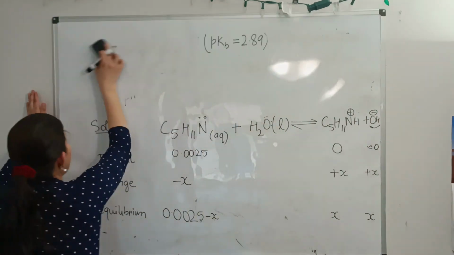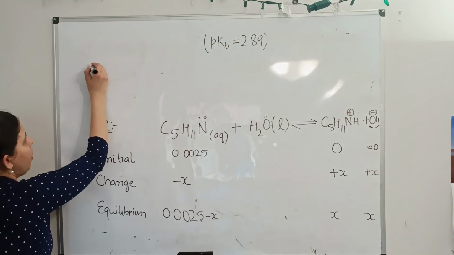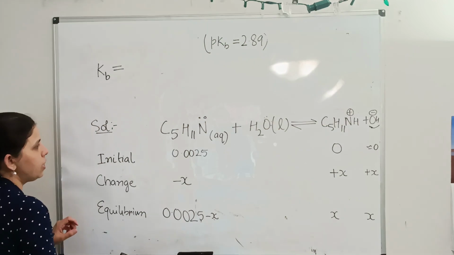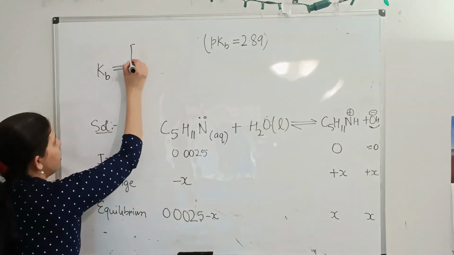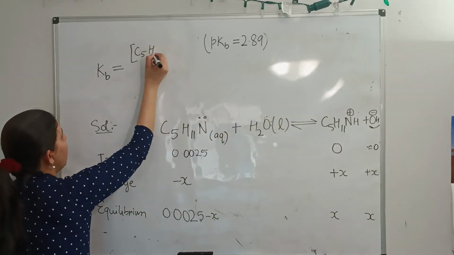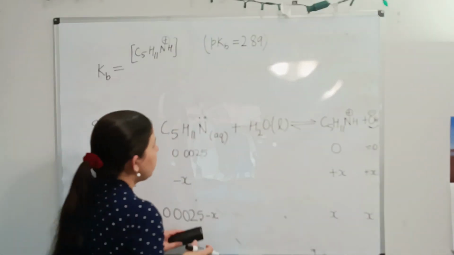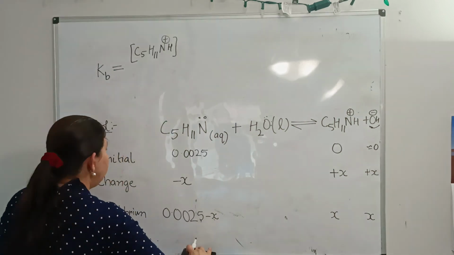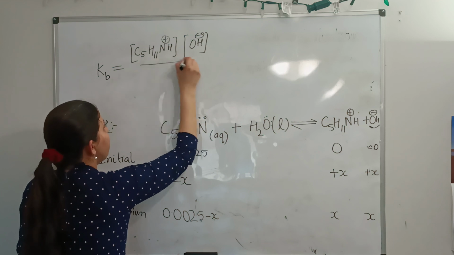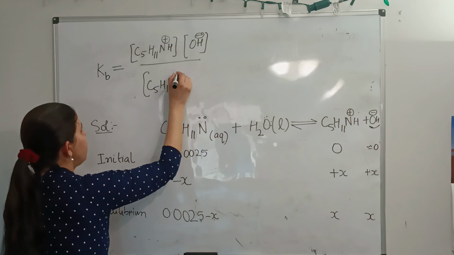So if we focus on this equation, we can write down the Kb, that is the dissociation constant of this base, as the concentration of products, C5H11NH positive multiplied by the concentration of hydroxide ions, divided by the concentration of the reactant, which is piperidine itself.